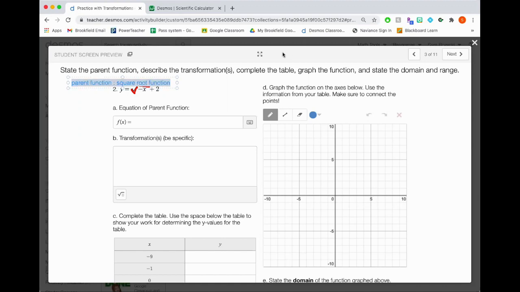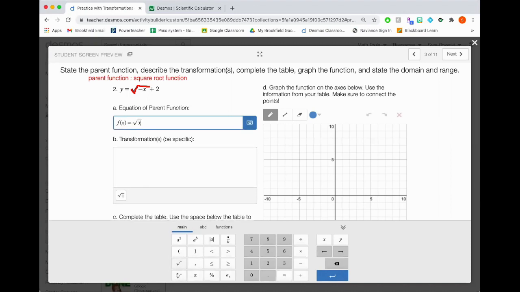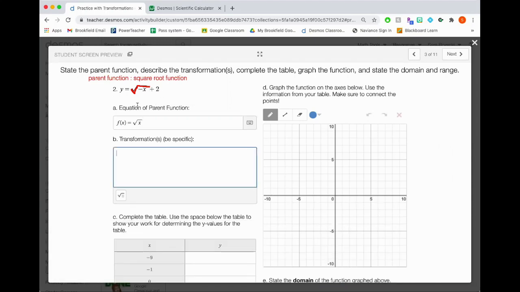And the equation for that, which I'm going to put in the box below to here, is the square root of x. And you can get to that by clicking the keyboard, square root x. Right, so equation of parent function just means, well, what is the parent function without any of the stuff around it? So now the extra stuff tells me my transformations.